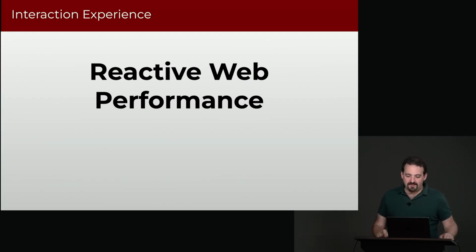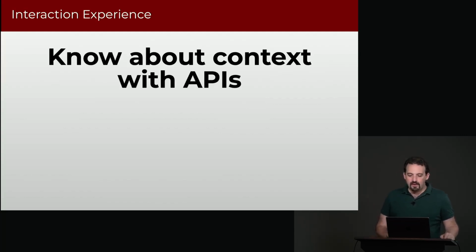Reactive web performance is kind of an intro for the next and final part of the workshop. It's an idea. What if you can know about the context with APIs? What's the context? The performance context, such as how's the latency, how's the bandwidth, how's the CPU and GPU, and you can make decisions about that.